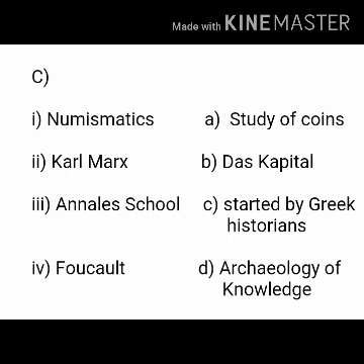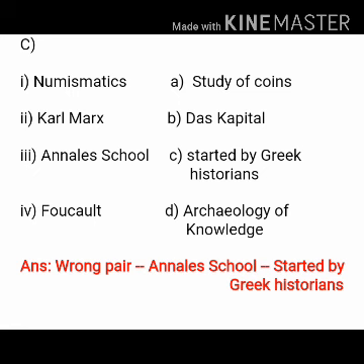So among these four now, which one is the wrong pair? So the wrong pair is Anhalt School. It was started by French historians, not by Greek historians. So write down wrong pair. Anhalt School started by Greek historians.